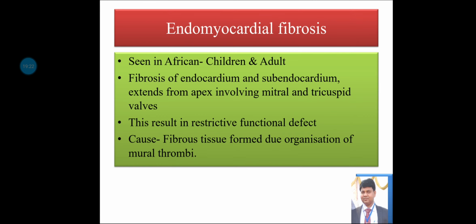Once this thrombus is formed, chronic inflammatory cells release a lot of chemical mediators, and these mediators can initiate the process of fibrosis in the endocardium and subendocardium. So this was the pathogenesis of this condition.